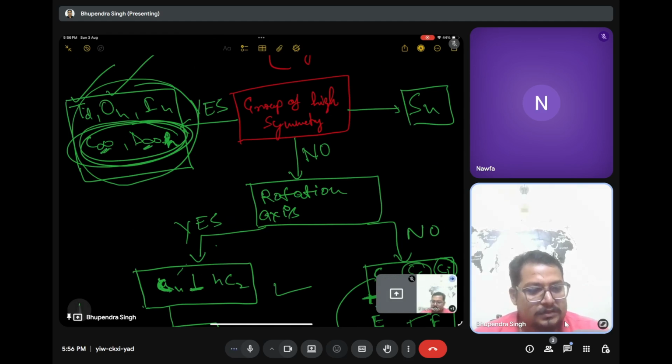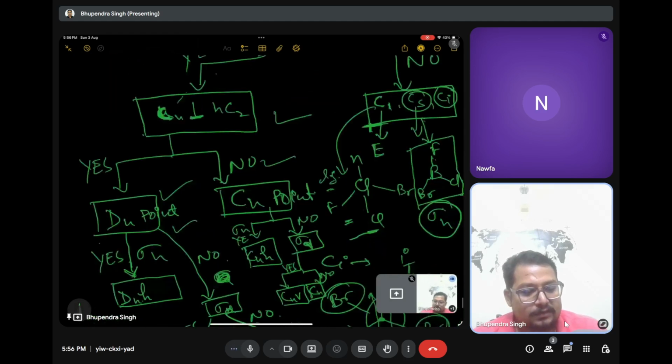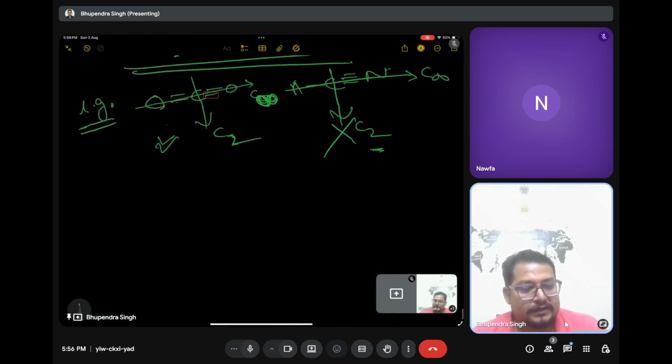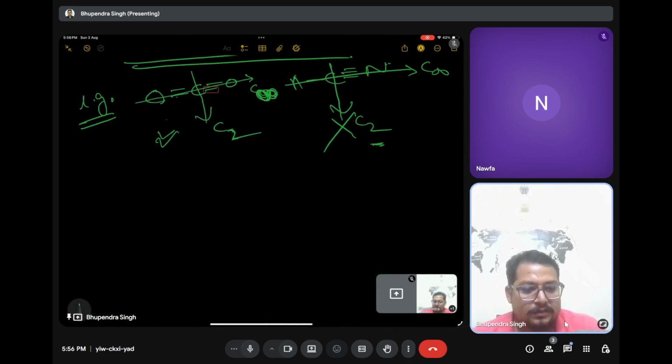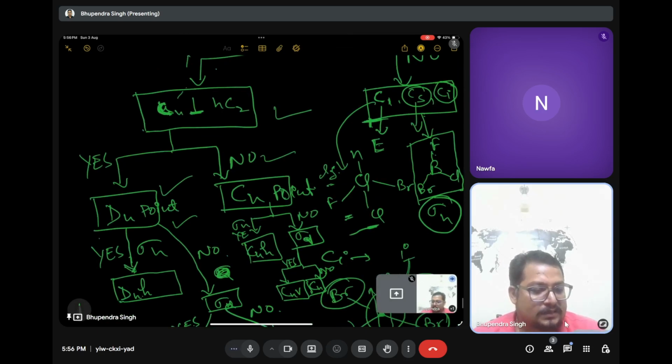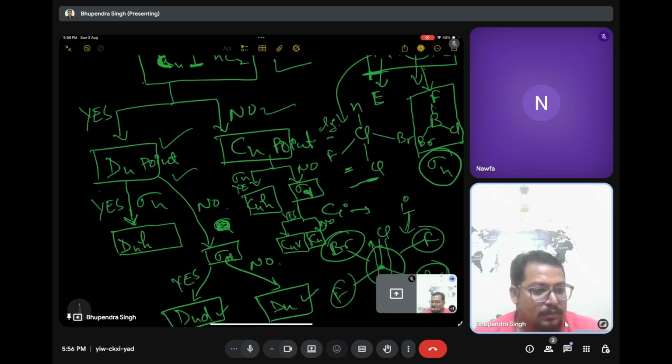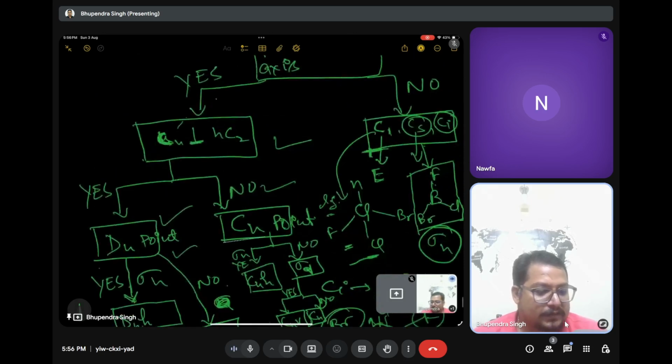So these two possibilities are left, because this is not octahedral, not tetrahedral. So these two are left only, C infinite or D infinite. For D infinite, we have already seen that for the D point group we have to have C2s perpendicular to the principal axis of rotation.